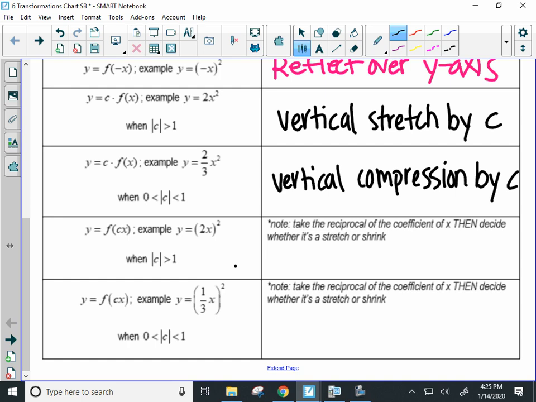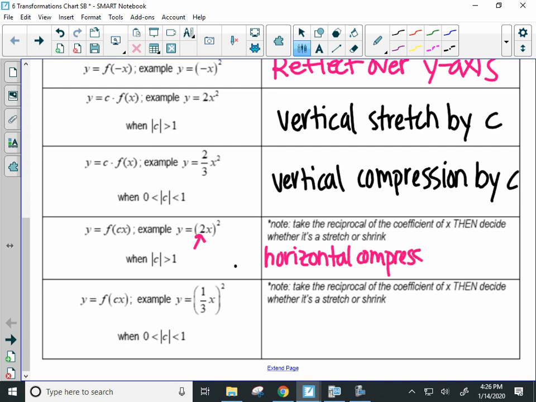Horizontal is the opposite. Everything that happens inside your parentheses, left and right, horizontal stretch compressions, is opposite of what you expect to happen. So if my number, like a 2 right here, 2 is bigger than 1, so I expect it to get bigger. It's not going to. This is the horizontal compression.